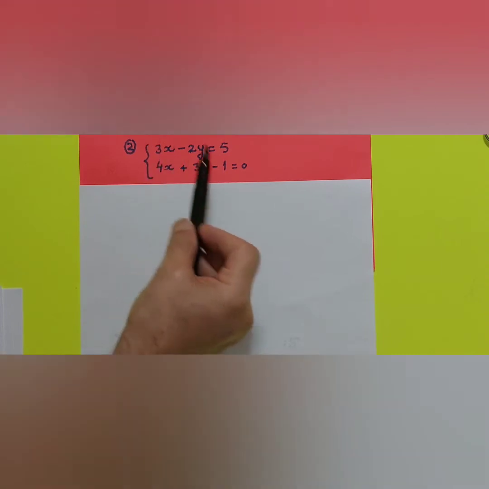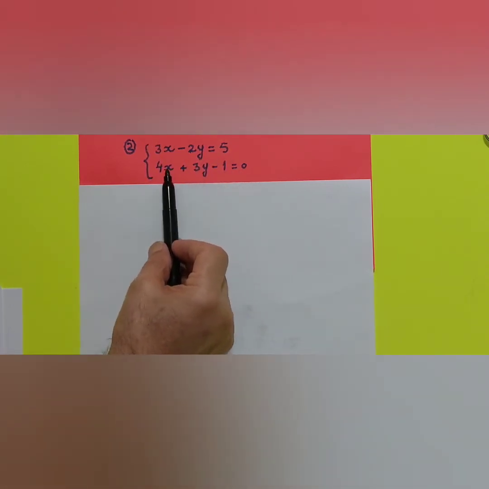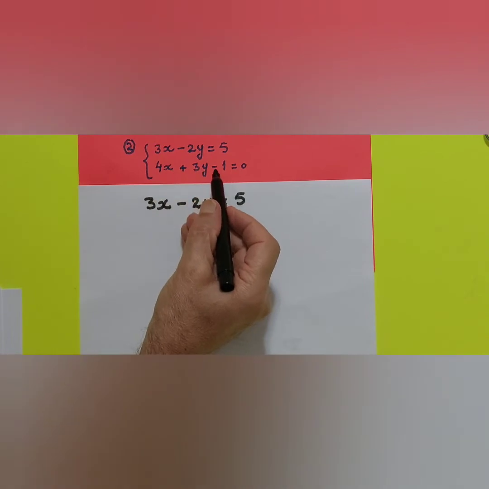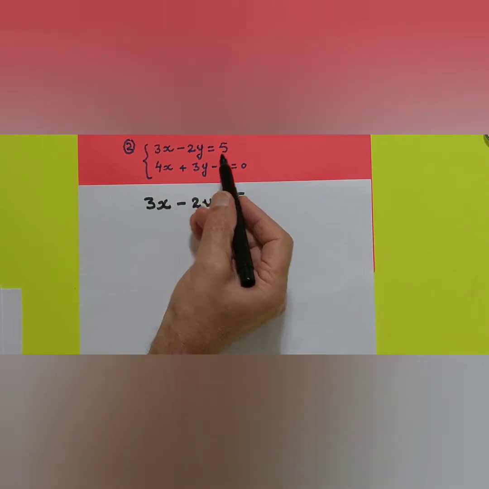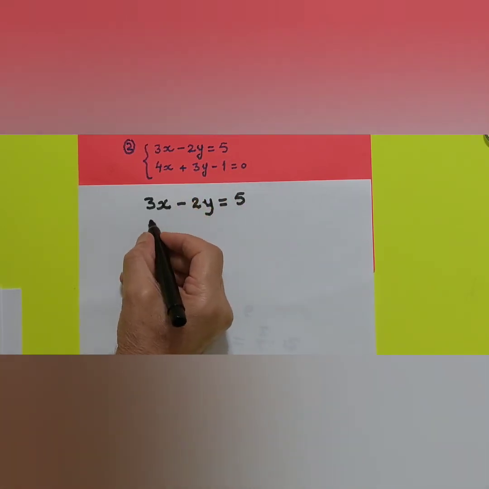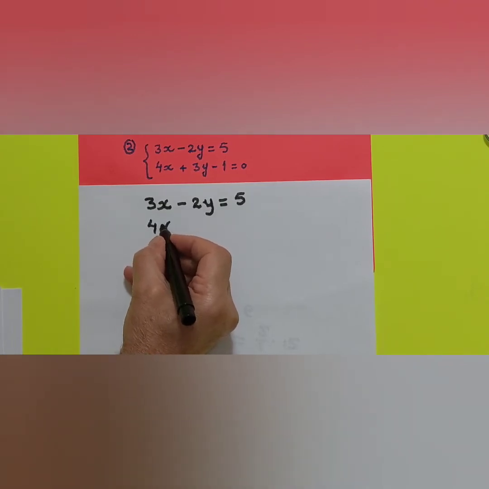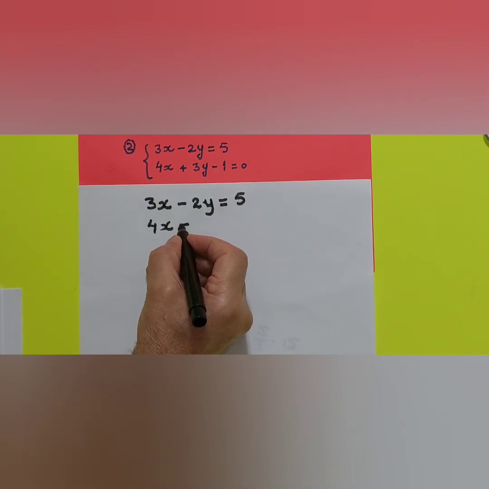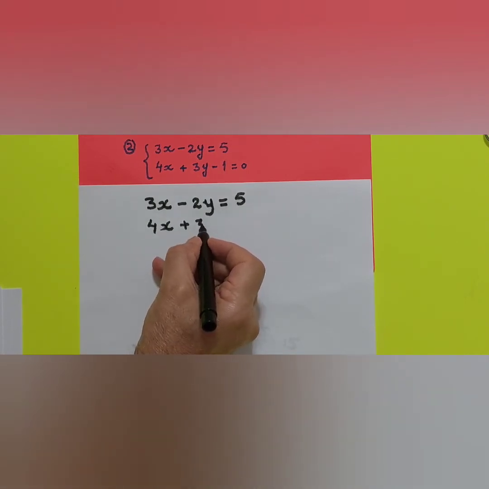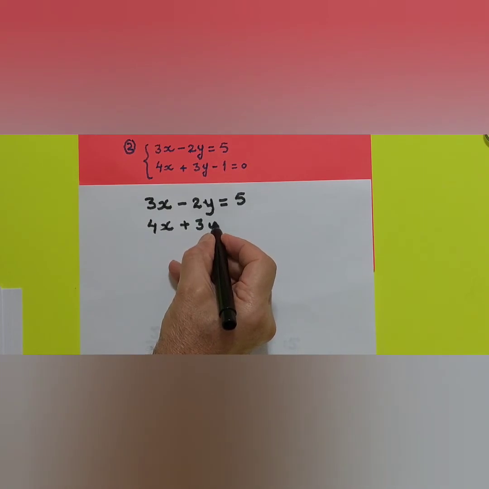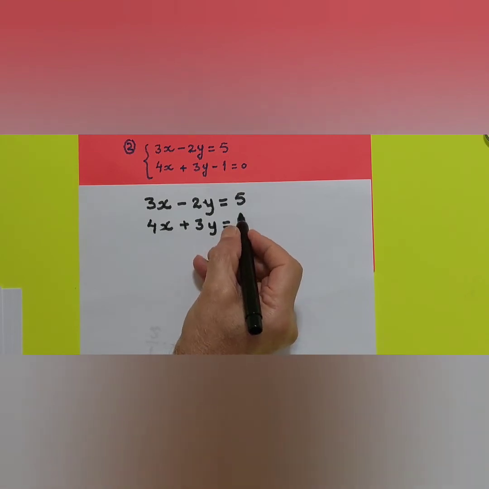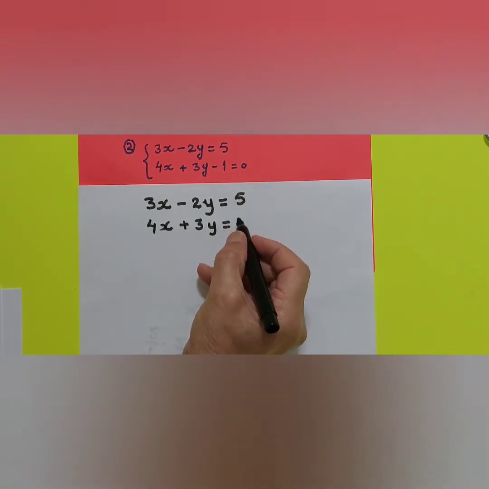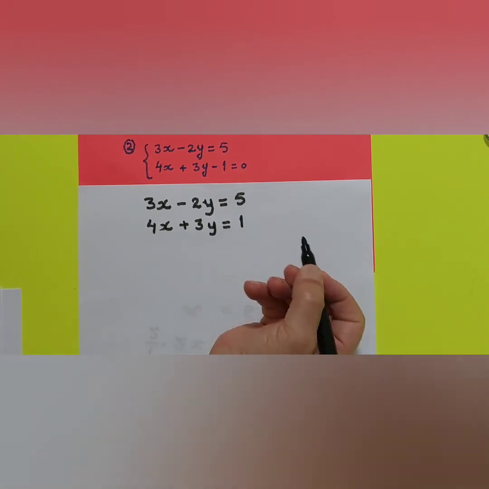First, we rewrite the equations. I will change its shape by moving this number -1 to the other side. So it will be written as 4x plus 3y, and by moving -1 to the other side, it will be +1, with plus 0, that means still 1.